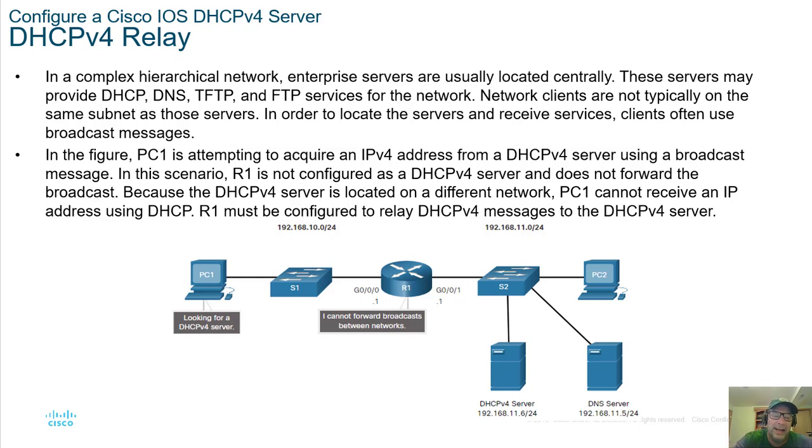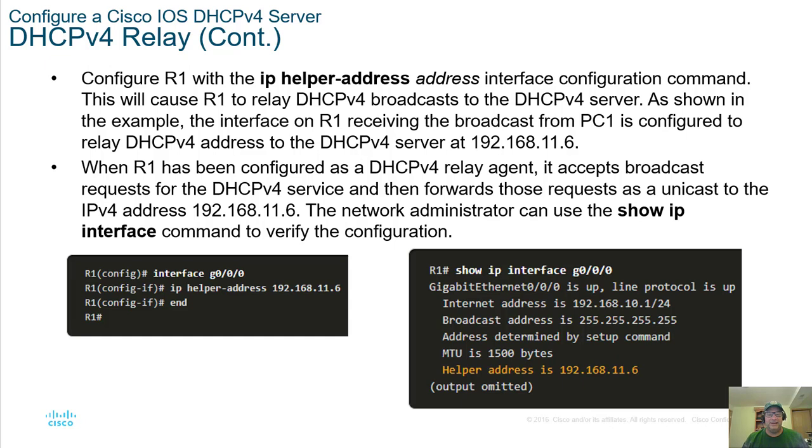So if you put a helper address on G0/0/0, you can set this with the command ip helper-address and then point it to the DHCP server, which would be 192.168.11.6. Then it would repackage those broadcasts and send them to that particular DHCP server, which would then pass along an address to router 1, which would then in turn pass it back to PC1. And it works flawlessly. It's a really easy config.